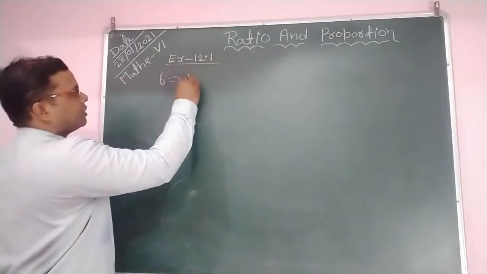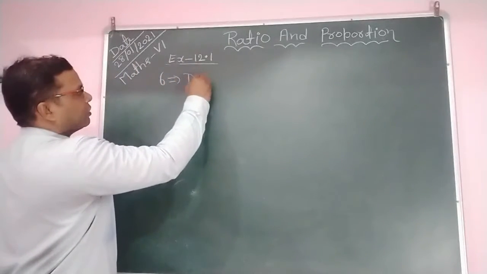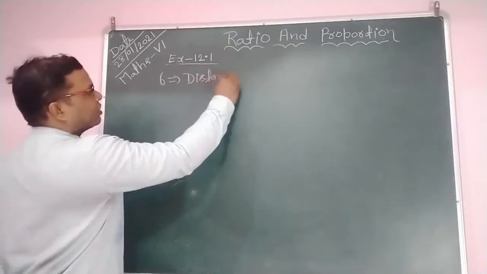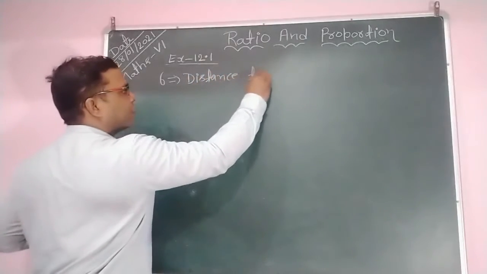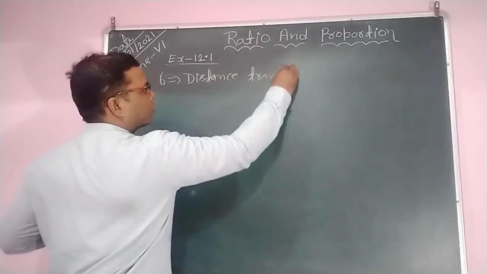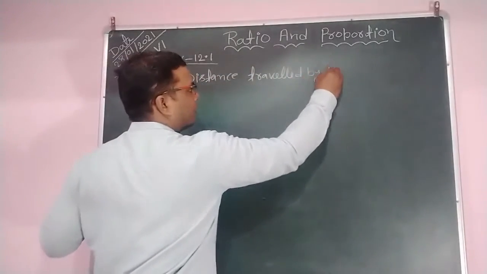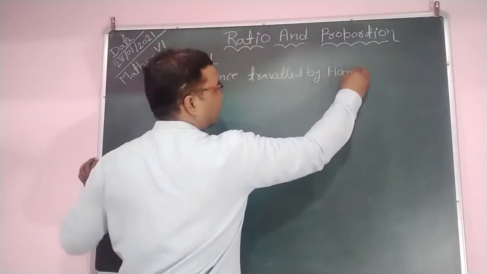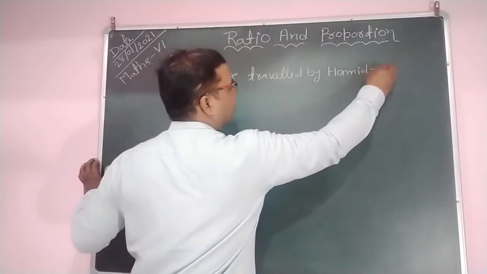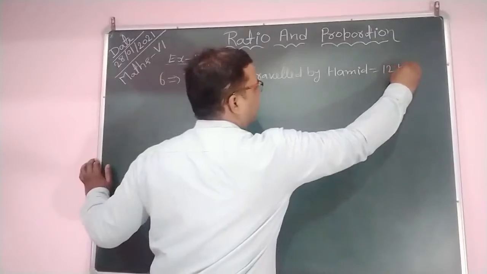The distance traveled by Hamid is equal to 12 kilometers.